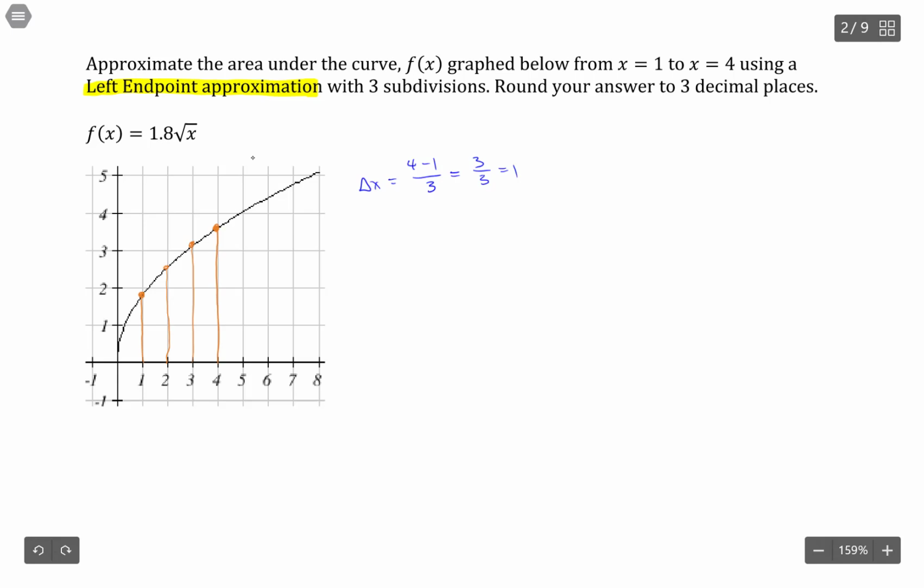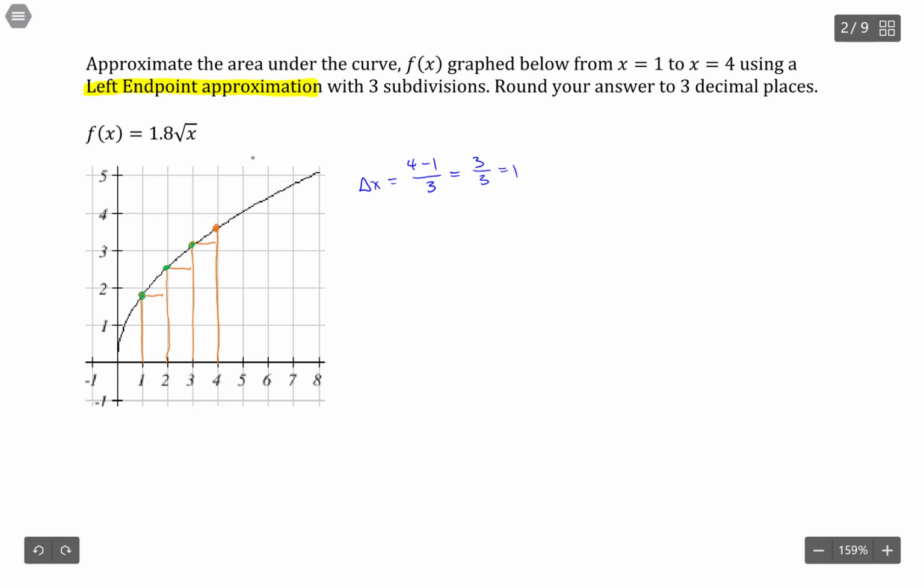So using left endpoint approximations, we use the left side of a rectangle to find its height. If you were using right endpoint rectangles, you would use the right side to find its height, which would give you a different approximation. But left endpoint approximations, we would use these 3 points here. So this one, and this one, but not that one.